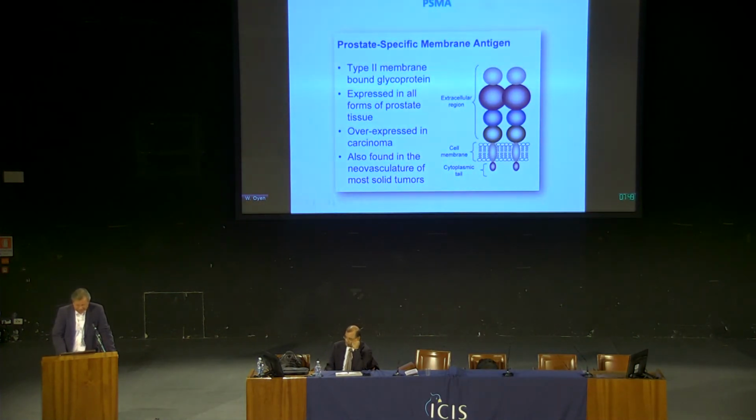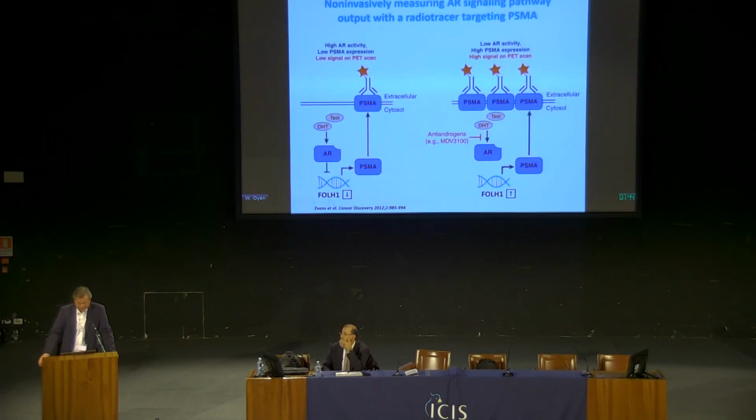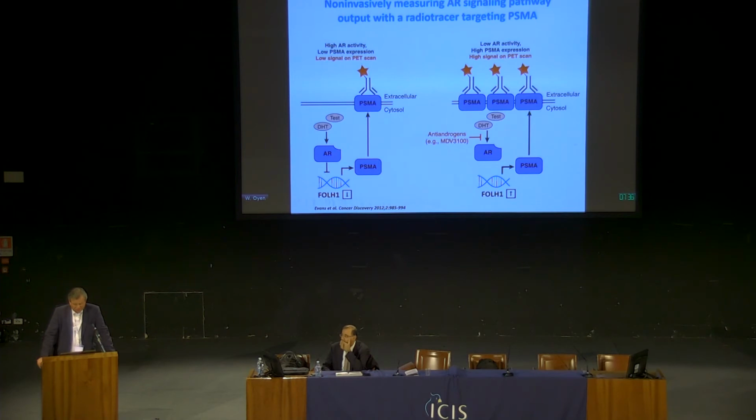As already indicated, PSMA is the buzzword these days in molecular imaging of prostate cancer, and it has a very attractive pathophysiological background. So the PSMA expression on the cell membrane is controlled by the FOLH1 gene, and the FOLH1 gene is under direct control of the androgen receptor. So if the androgen receptor is blocking the FOLH1 gene, the PSMA production is low and the translation to the cellular membrane is low.